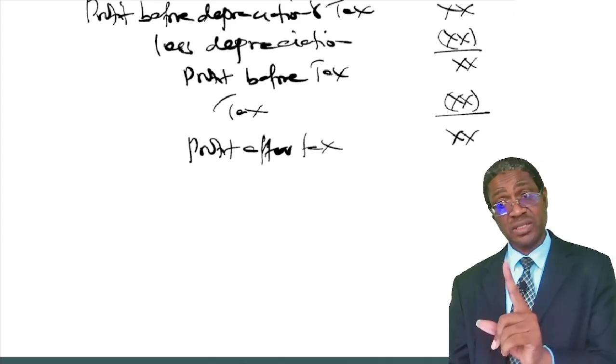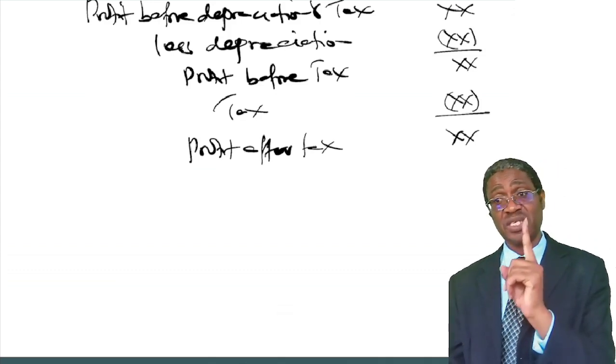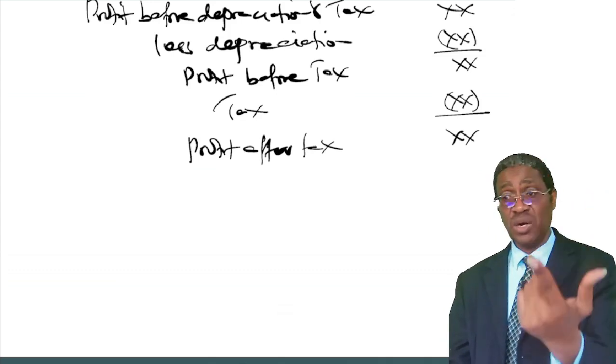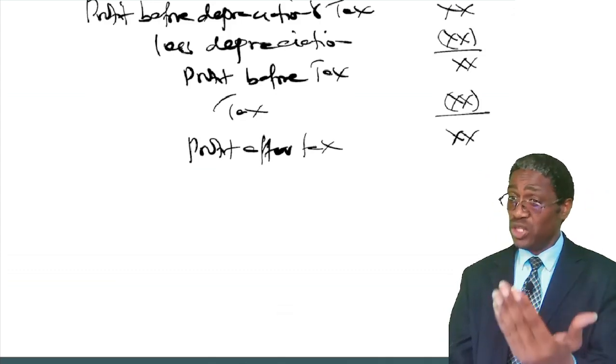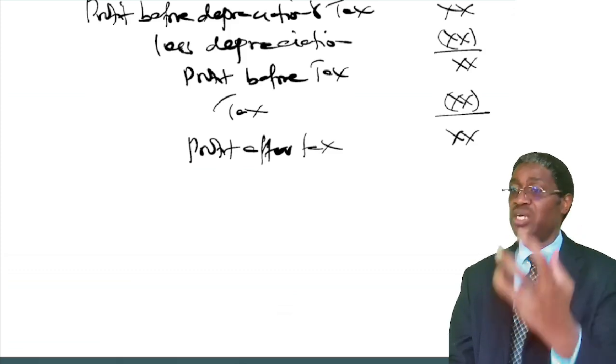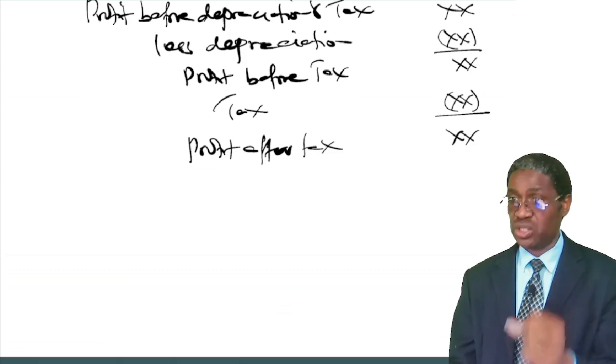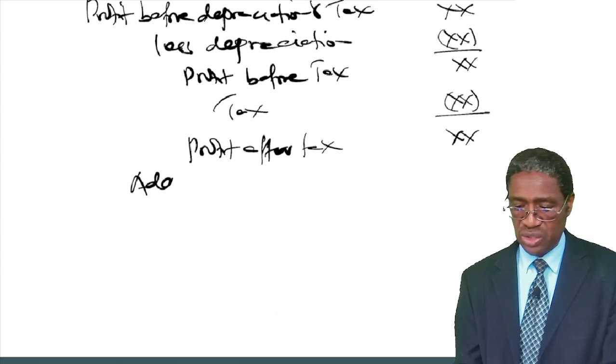Then I've said, now that profit after tax has taken into account depreciation, we want to know the true profit after tax. If everything was by cash, you add back depreciation.